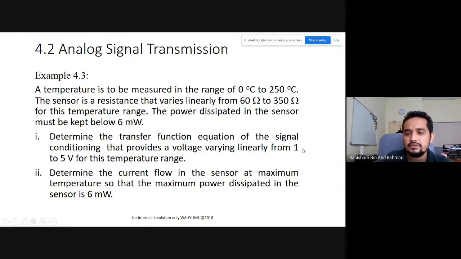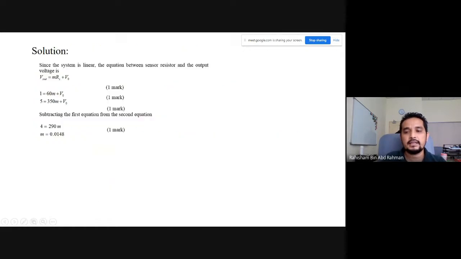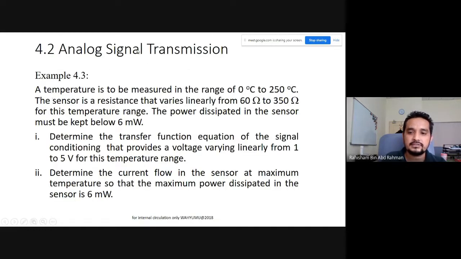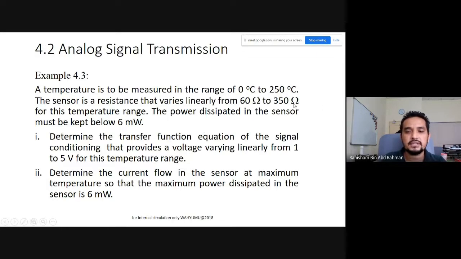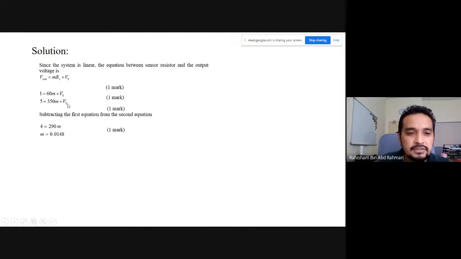For the first question, V out is 1 to 5 volt. So one V out is 1, where 60 is the resistance, and V naught is 0. We have another equation, V out 5, where the resistance is 350, and M is the slope.